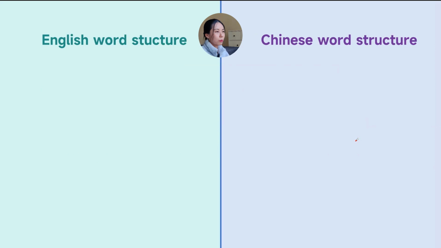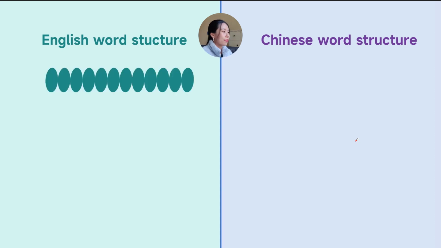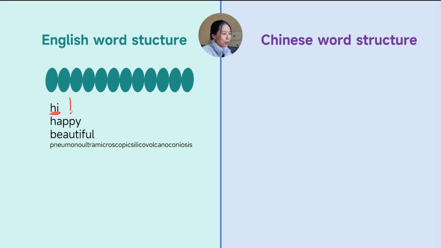See? Moving on to the next one. We were talking about the elements and the parts of the words. Now let's get to the words. In English, the word structure is pretty simple. It's always from the left to the right. Let me give you some examples. The short word, hi. You would write from the left to the right, hi. And longer, happy.